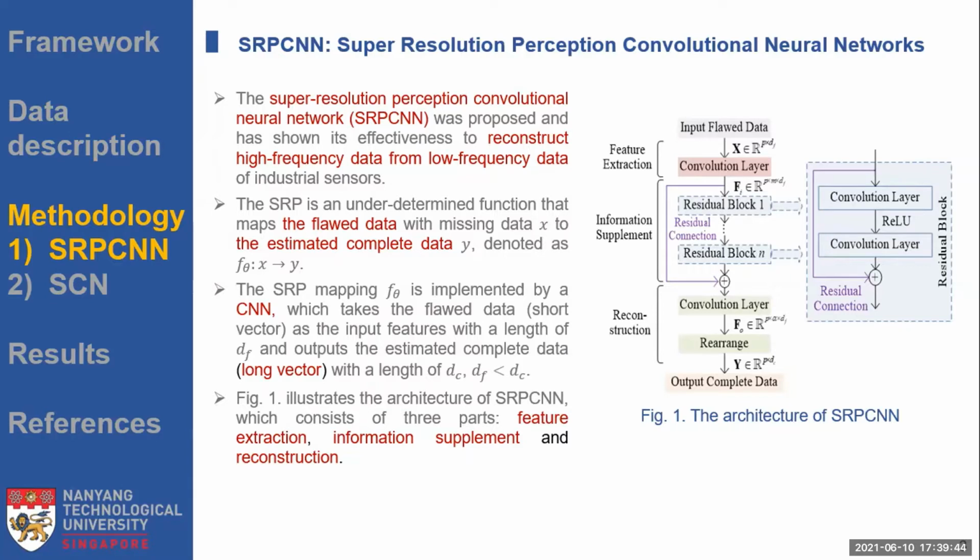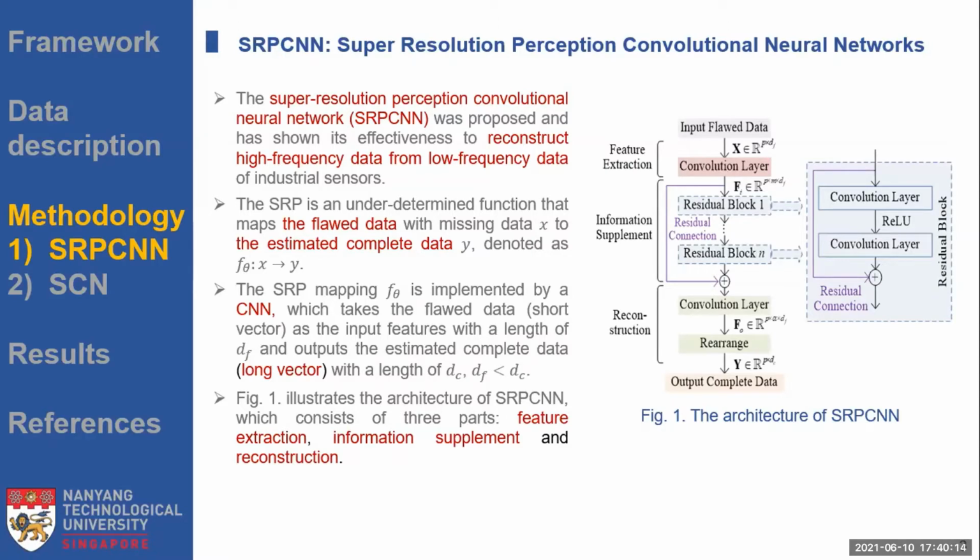So the input of the SRP is the low frequency data, which we can also say is a short vector, while the output of the SRP is the high frequency data, which is the long vector. Taking this nature of the SRP-CNN, we propose to use this method to recover the flawed dataset so that we can make solar power forecasting.